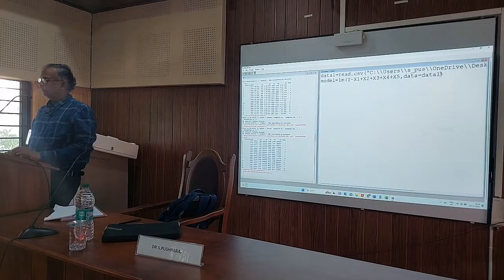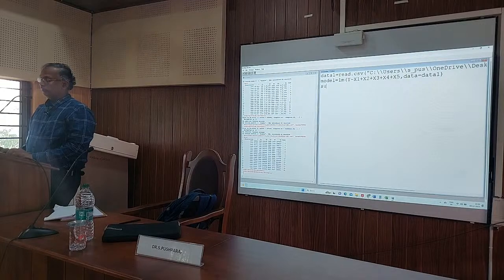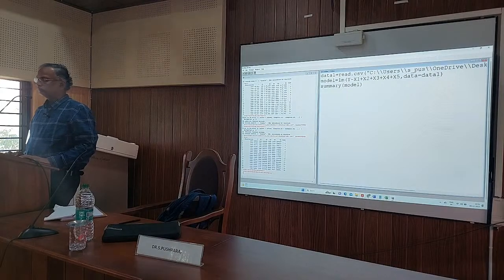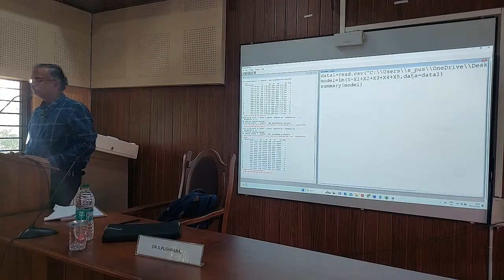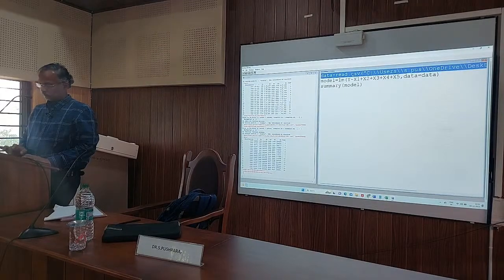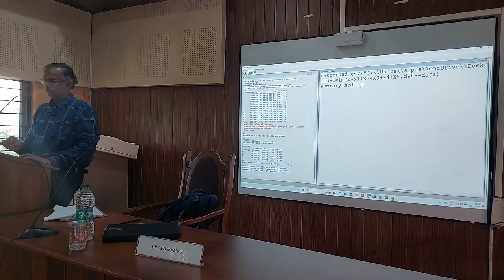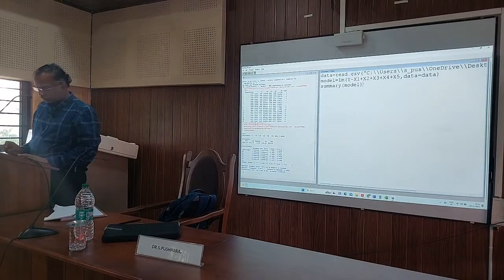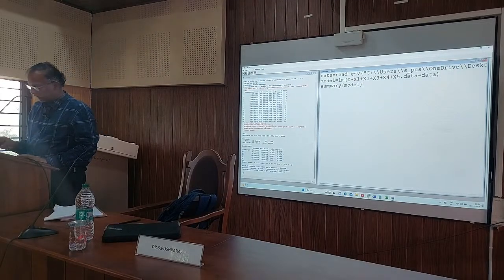I've run the model. I'm going to write the model summary, the summary of the model. You can make it data one also. So data. Yes, I'll just copy and enlarge.